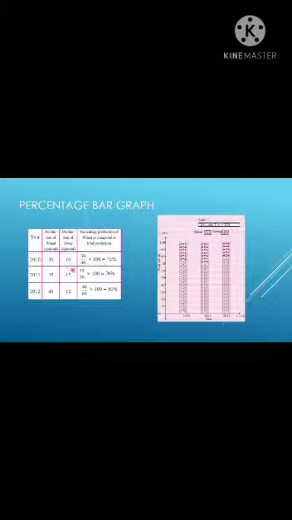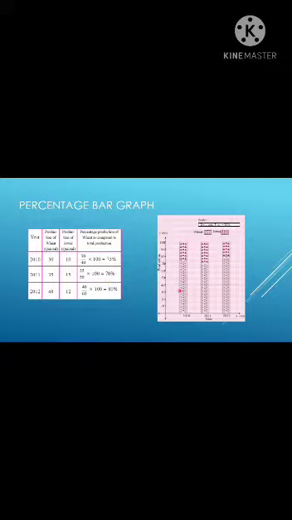Now the production of wheat for the year 2011 is 35, upon the total production 50, into 100, which is equal to 70%. And the production of wheat for the year 2012 is 48 upon 60 into 100, which is equal to 80%. So like this, convert all the production of wheat for the different years in terms of percentage.